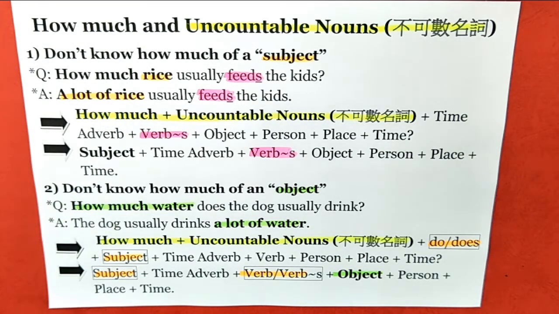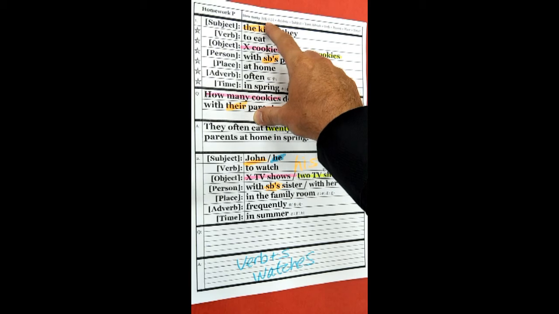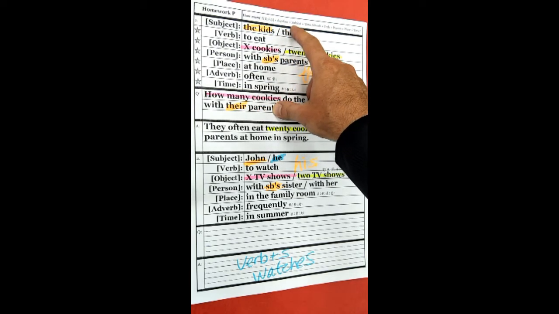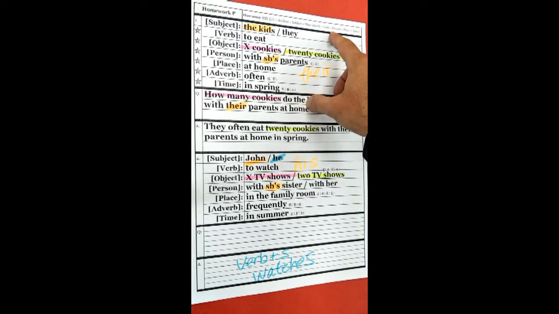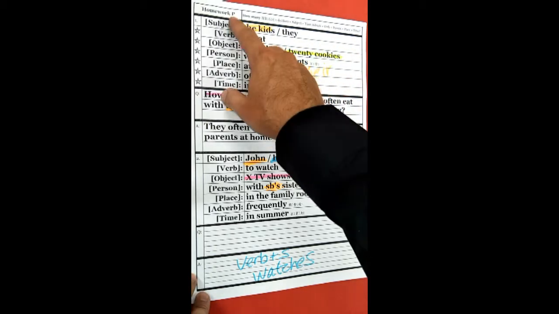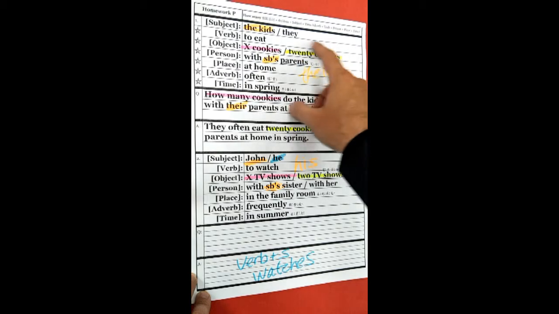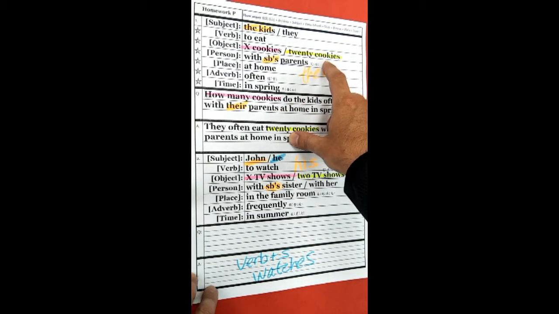Okay, very good. Okay, kids, let's do homework P. How many, plural noun, plus do or does, plus subject, plus time adverb, plus verb, plus person, plus place, plus time. Homework P. The answer is the object. We are looking for how many of the object.